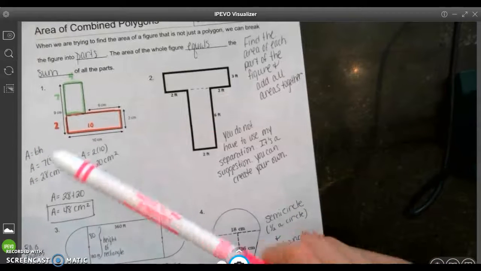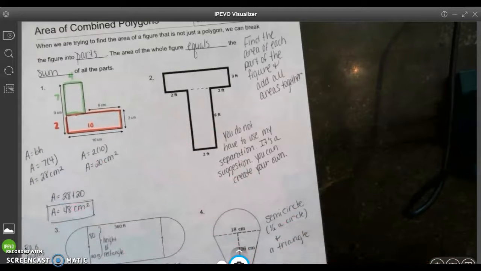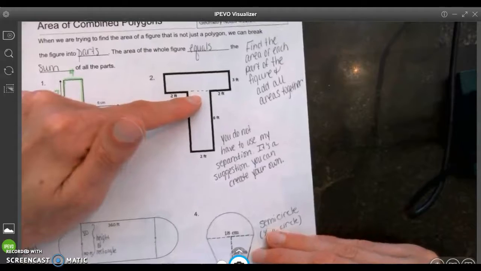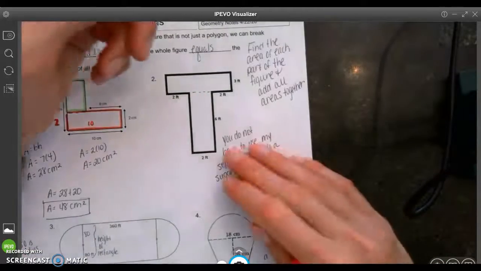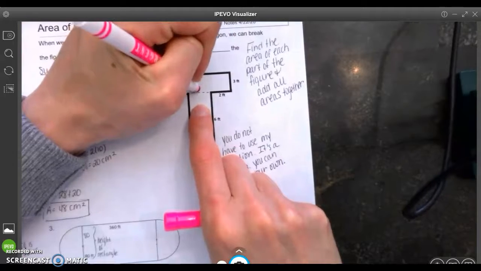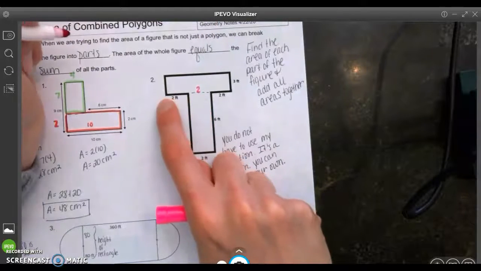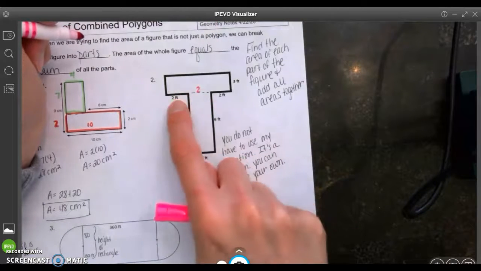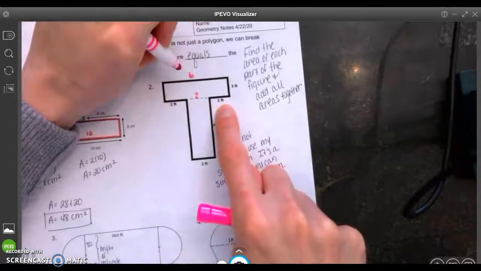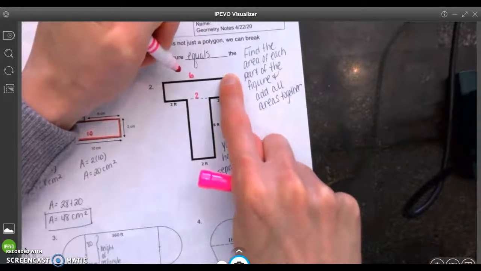So 2 is similar to 1, where we have 2 rectangles when we separate in 1 the L shape and 2 the T shape. So I'm going to separate it where the dotted line is here, and when I do that, this 2 feet comes up here, and there's 2 feet there. So the length of this whole side, 2, 4, 6, is 6 feet. I'm going to put that up here since there's so much going on down here, and then this is 3.